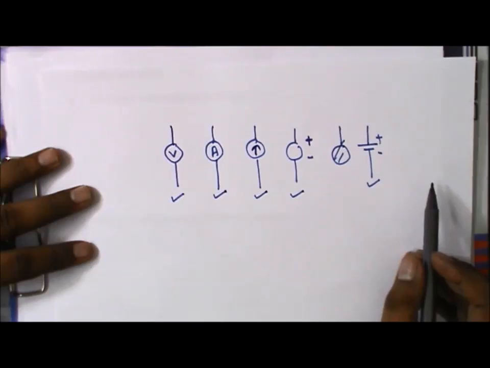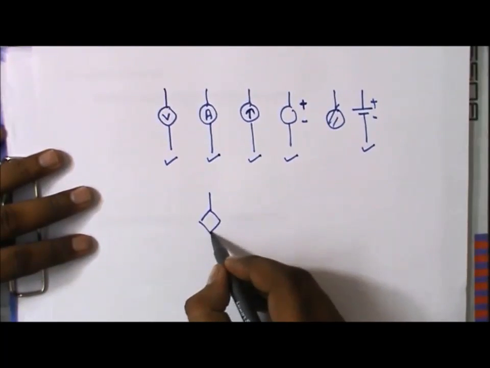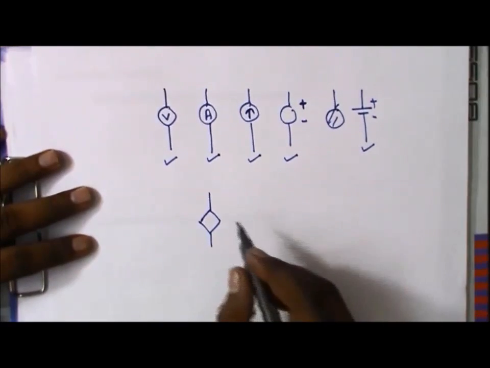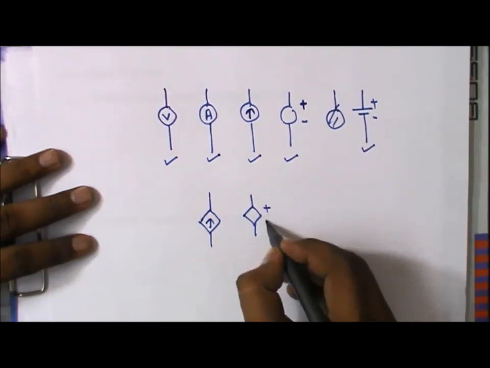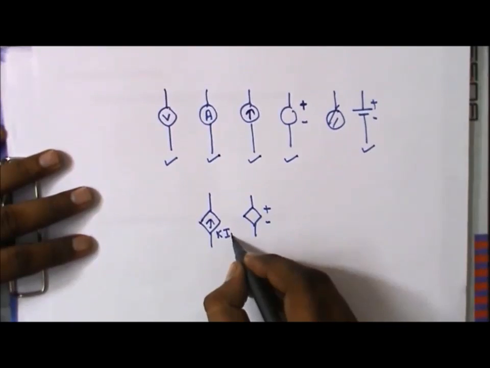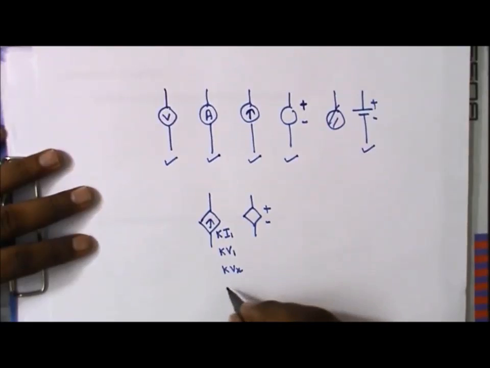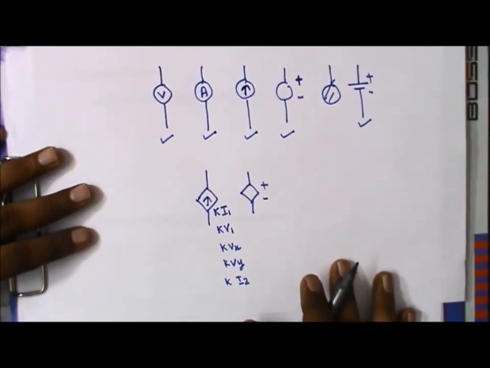Apart from this, there are some other symbols that we have to discuss here. It is diamond like. Sometimes we have seen it in this fashion, sometimes in this fashion, with some marking like KI1, or we can say KV1, KVX, KVY, I2.